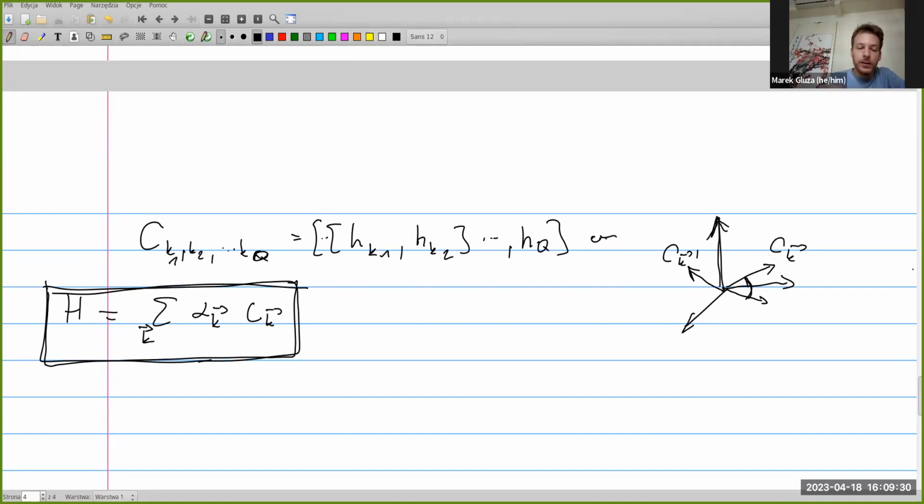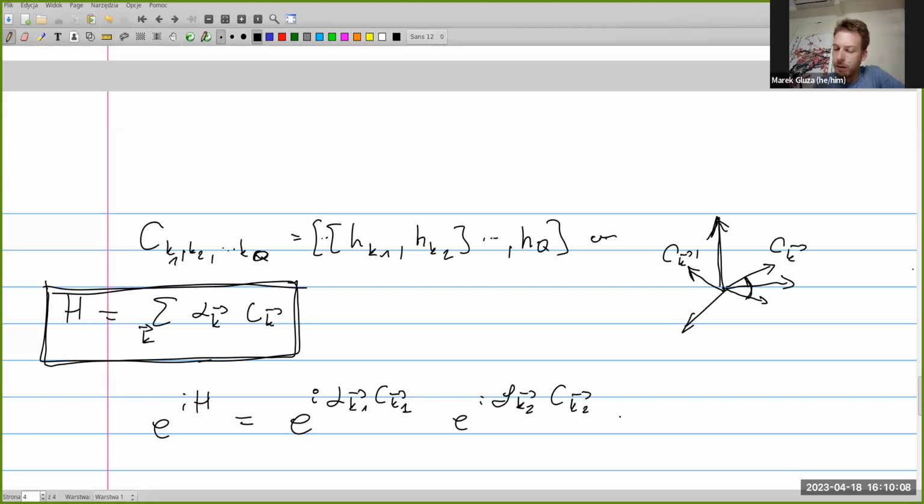Okay. So if I assume that I have my Hamiltonian in this form, we know exactly what to do, right? Because what I want to do is to write e to the iH as the product. So let's say I have K1, C_K, and then I here, because of this I, K1 here. And I leave some space because there's something missing there. And if the notation is not too confusing, then you should be able to understand what I mean here.